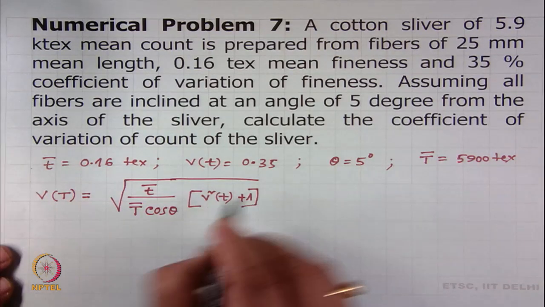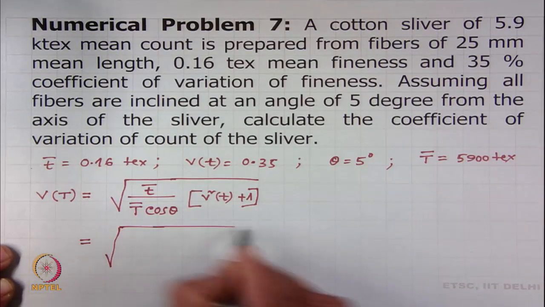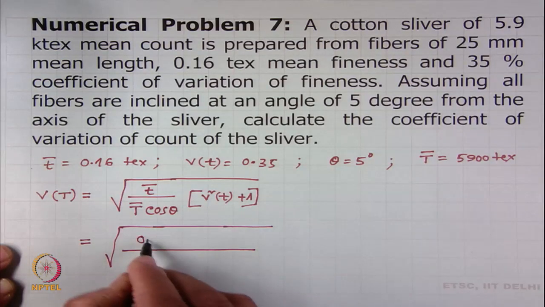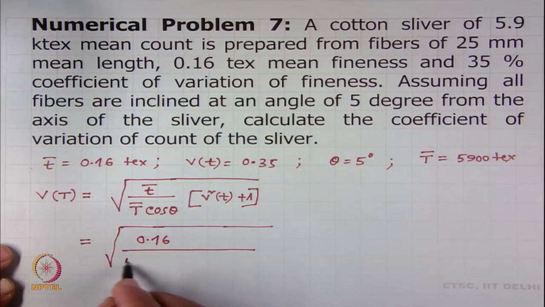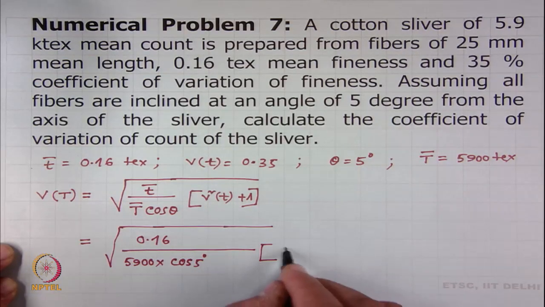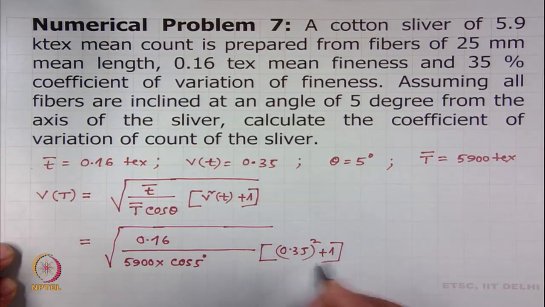So, if we substitute, capital T bar, 0.16, 5900, cos 5 degree, 0.35 squared, plus 1.